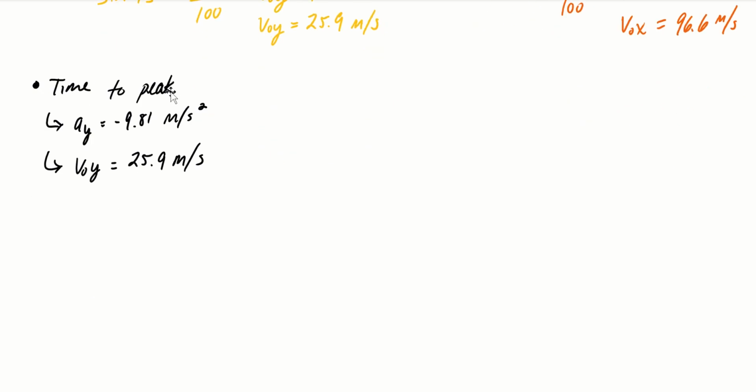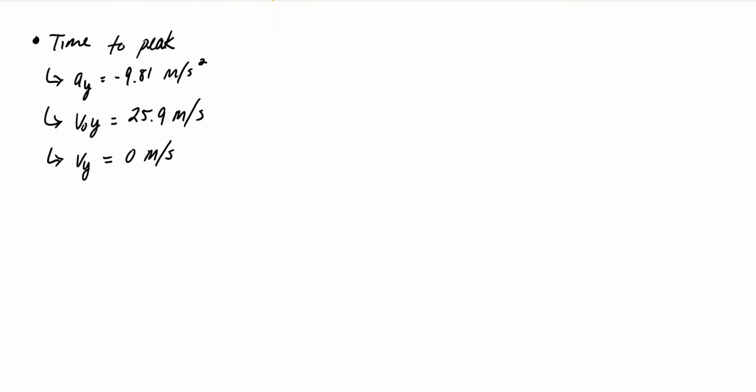You also know that at the peak of flight, my velocity of interest is 0 meters per second. So at the peak, my velocity is 0. So if we use what I call my second favorite equation, which looks like this, but we write it in terms of y, so I'm going to change it now and write it in terms of y.